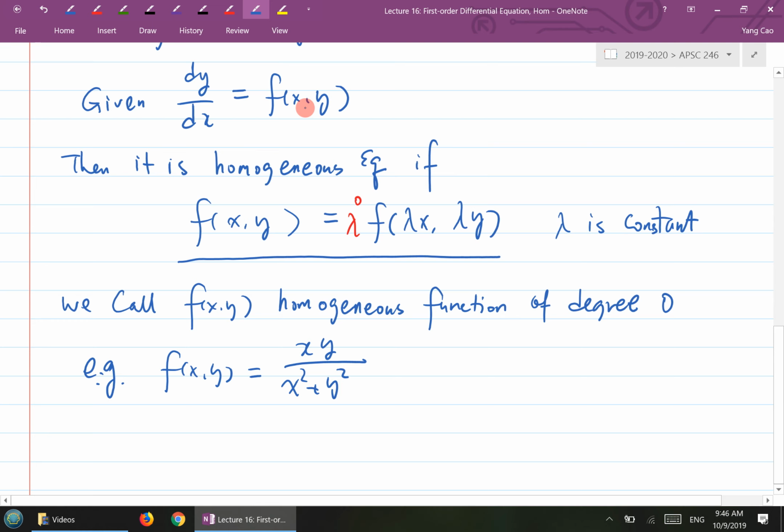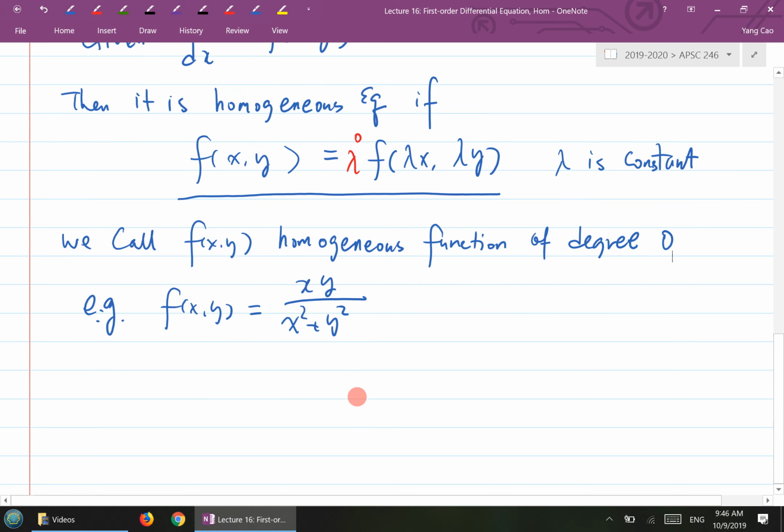Is this a linear differential equation? Is this a separable equation? Right? Unfortunately, you look at this, you can't separate this into a function x and a function y. Right? You can't do that. And you can also see that this is not going to be a linear differential equation. Right? And this one actually falls into the third type, which is the homogeneous.